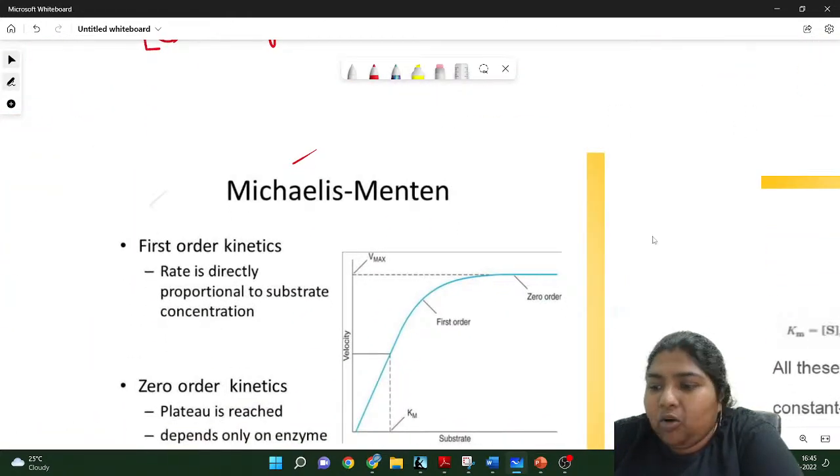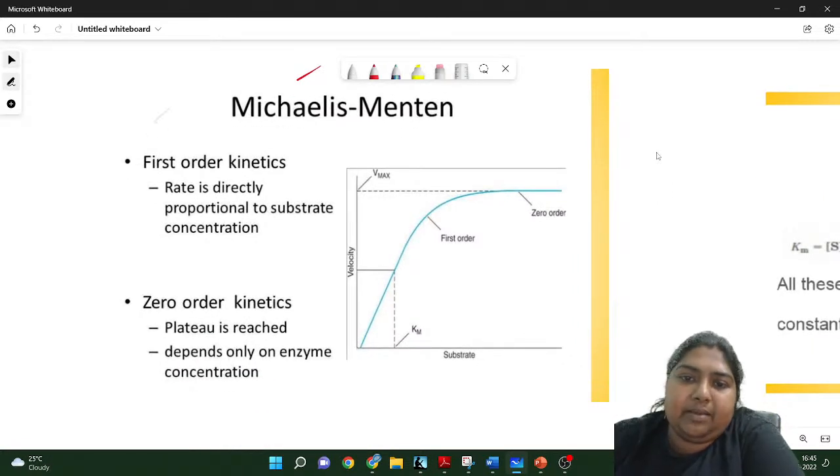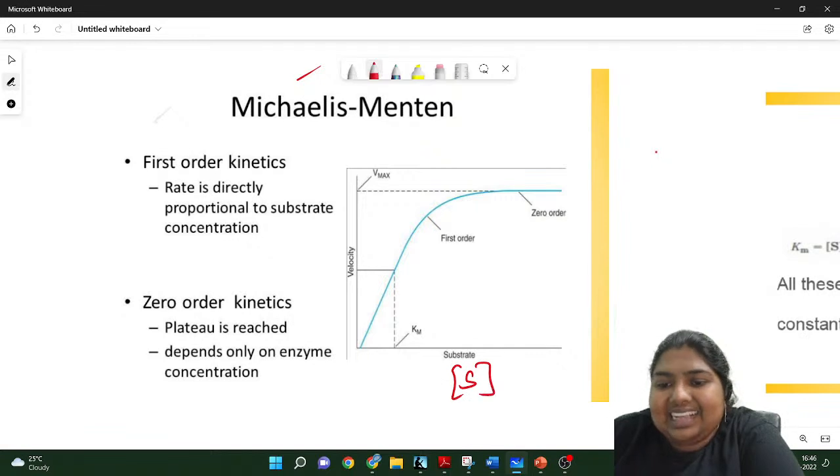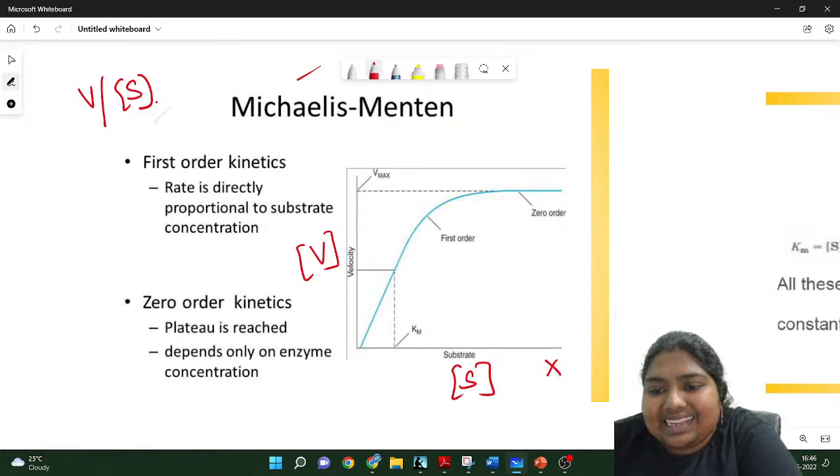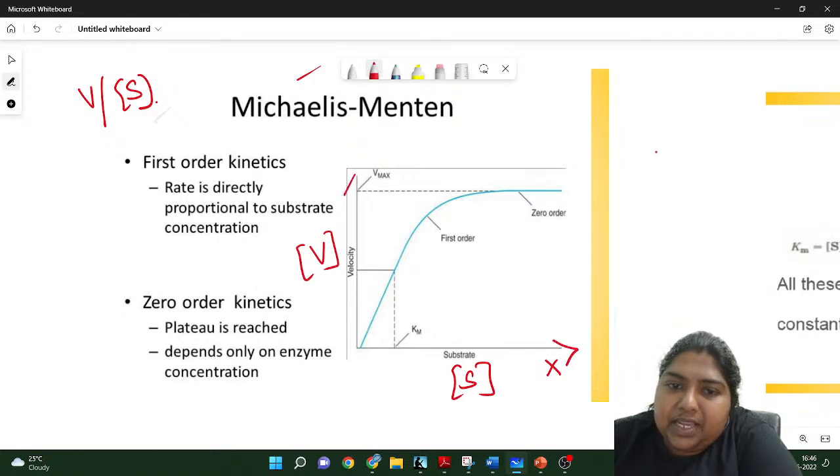So if you take the shape of the enzyme kinetics, this is a graph between S, the substrate, and V, the velocity. When we plot V versus S, remember S should be on the X axis and V on the Y axis. So this is your plot.